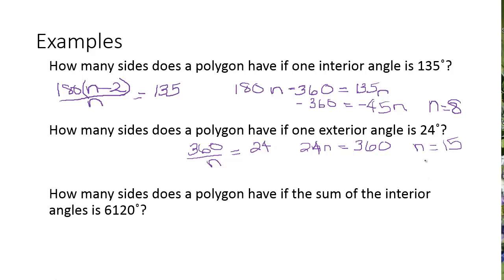How many sides does a polygon have if the sum of the interior angles is 6,120? N minus 2 times 180 is going to be equal to 6,120. Rather than distribute that 180 into everyone, let's divide both sides by 180.